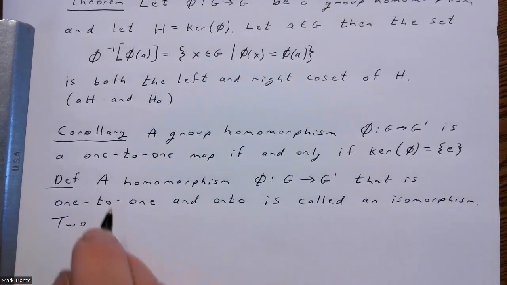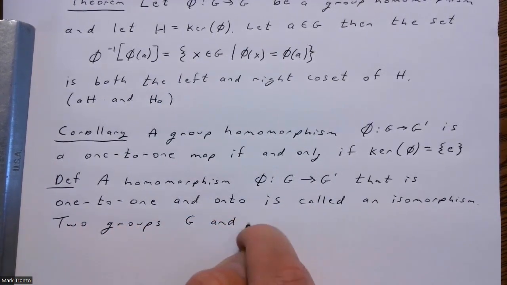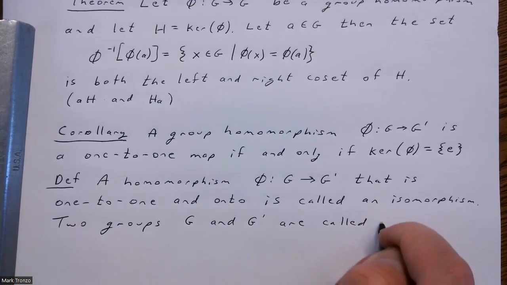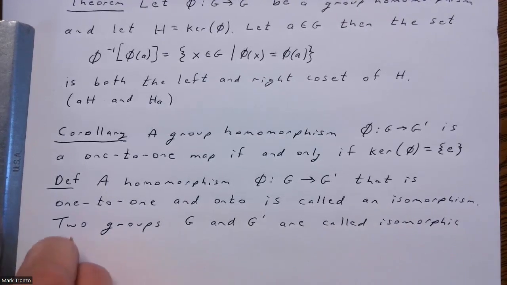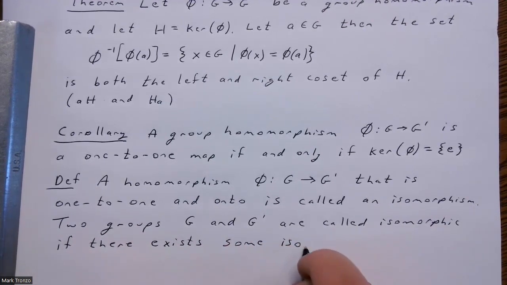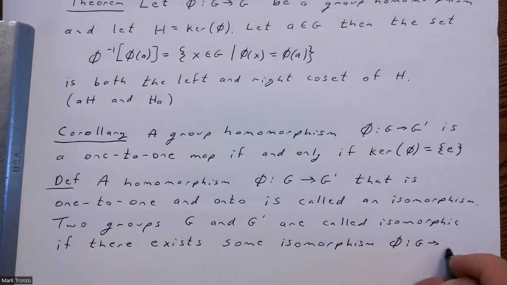And then two groups G and G prime are called isomorphic if there exists some isomorphism that maps G to G prime.